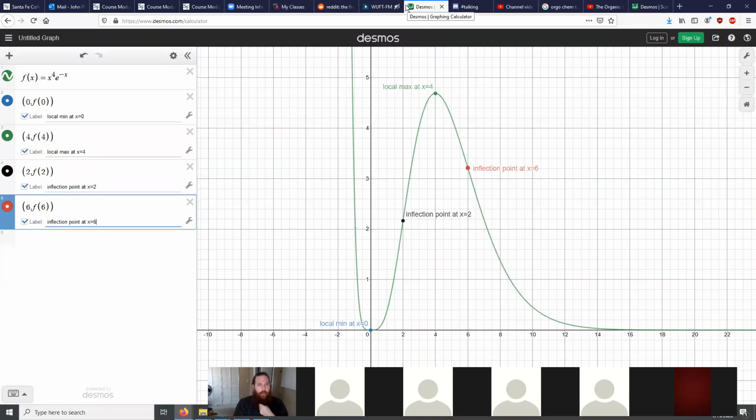I especially recommend getting comfortable with that multiplicity trick, because you don't want to have to test a point from every single region. It's nice to just test one point and then fill out the rest of the line using the multiplicity trick. Filling the number line for f prime tells you where you're increasing and decreasing. Filling the line for f double prime tells you where you're concave up and concave down.